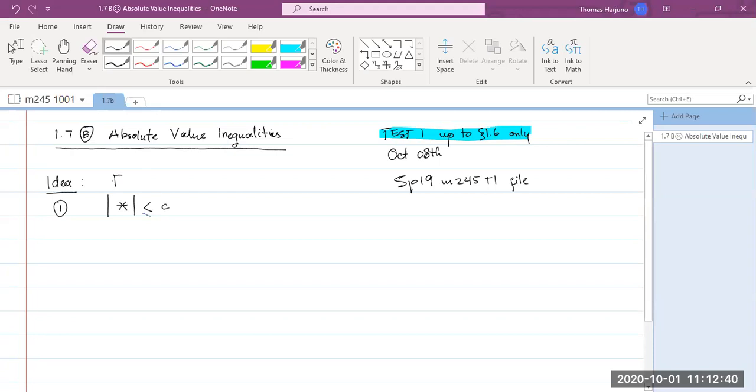Maybe I should say, for c a positive number, if you have absolute value of blah less than or less than or equal to a positive number, that implies the next step you do will be that blah is between negative c and positive c. If it has an equal sign, then you use an equal sign. Now, of course, you may wonder why you do that.